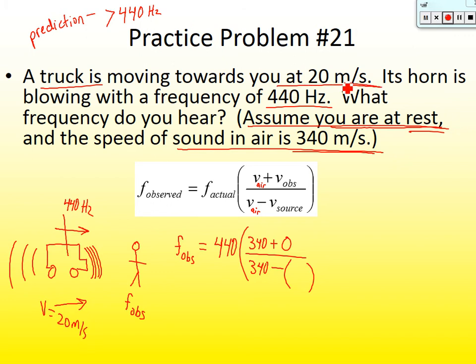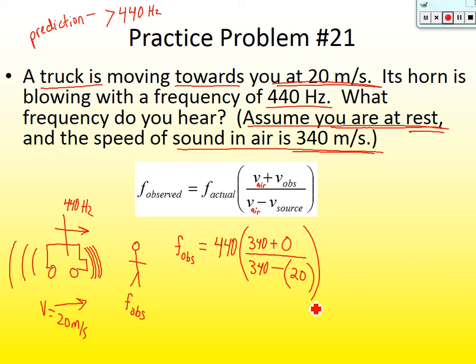It told us right here that the truck was going towards you at 20 meters per second. And because it's moving towards you, that's positive 20. So I'm going to put a positive 20 in right there. Notice, I did not change this minus sign. This is built into the equation. We don't change it. So this becomes a positive 20, and you just leave it like that. Now close it off with the parentheses.